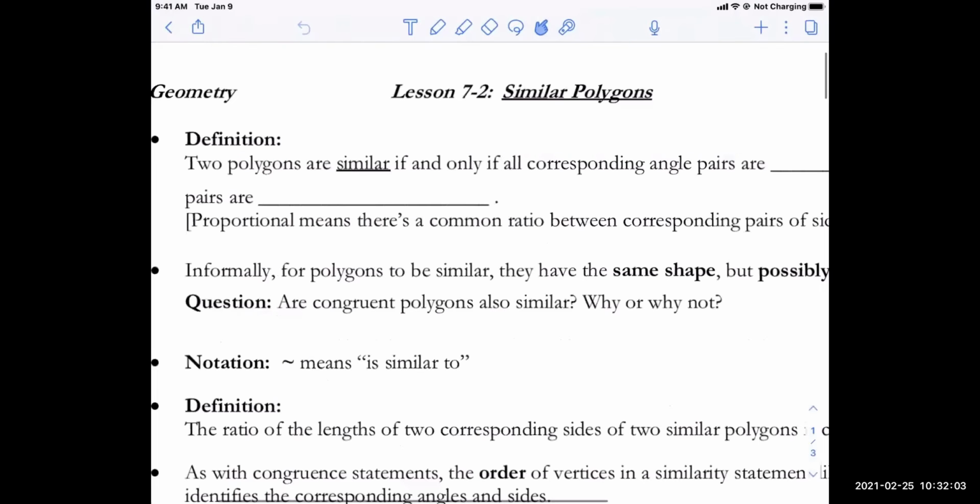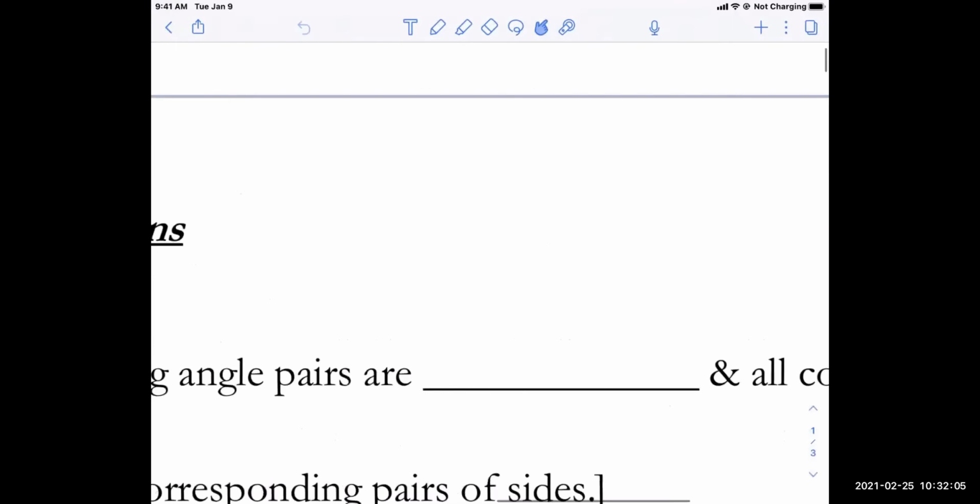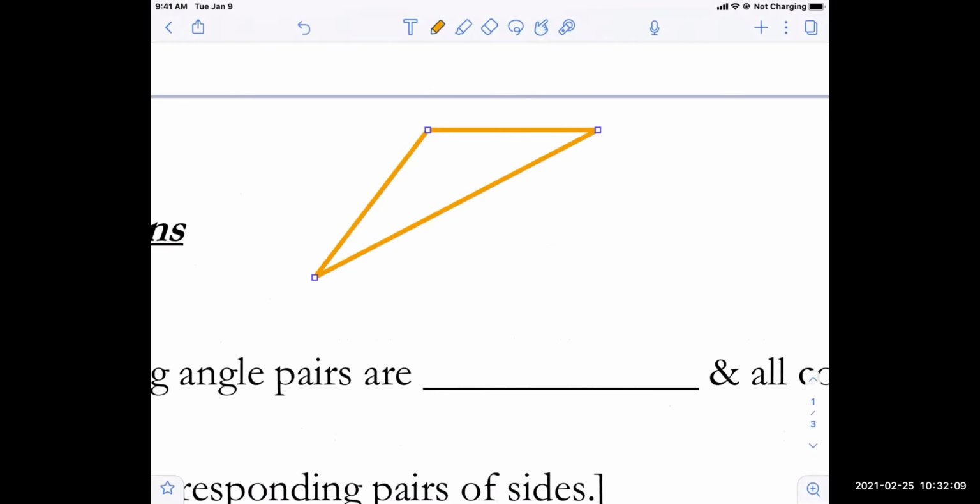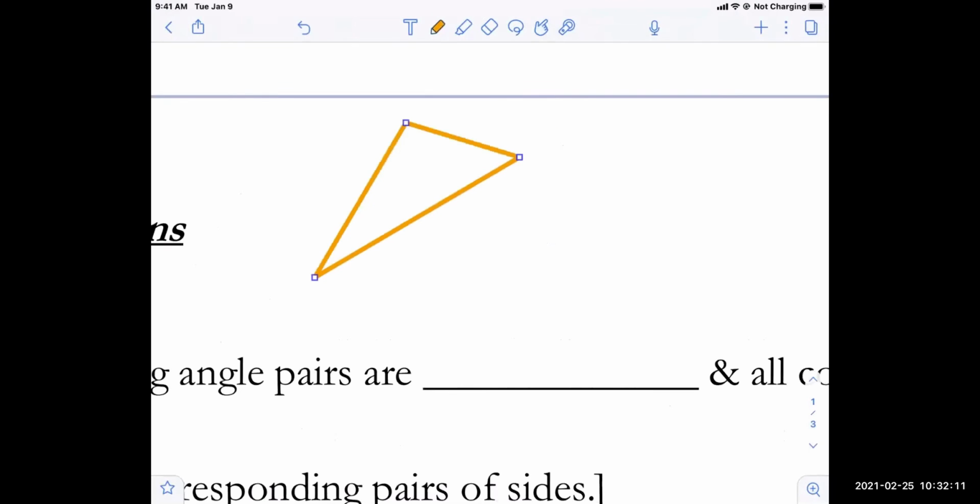All right, so we talked about similarity before, when we had a problem like this. Are those triangles congruent?